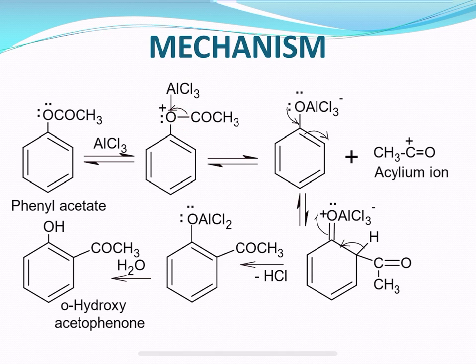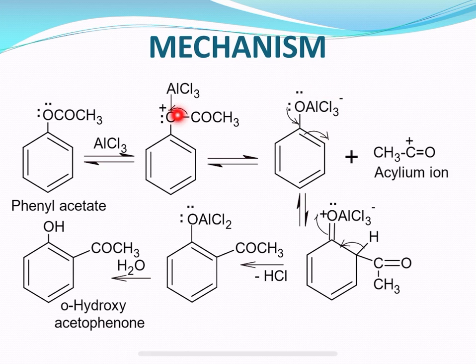And next, this acylium carbocation goes on to attack the aromatic ring. This attack of the acylium ion on the aromatic ring follows the electrophilic aromatic substitution reaction that we have to observe here.